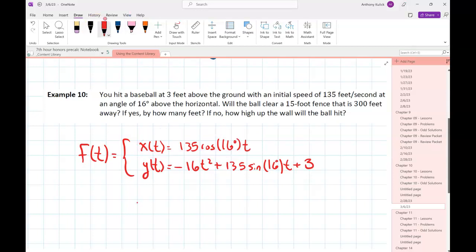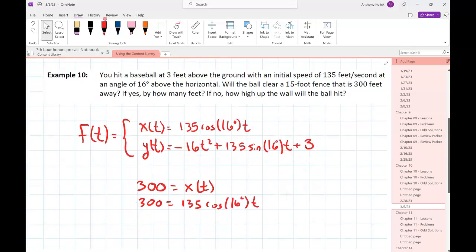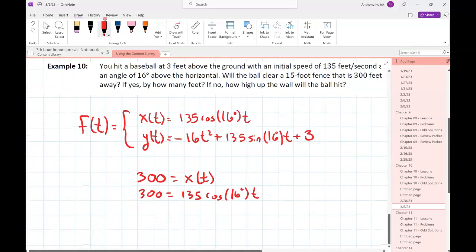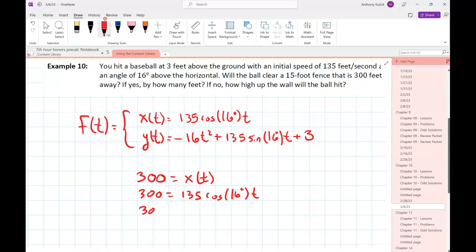This is very classic parametric function stuff, where you're looking for one component or the other by setting the other component equal to something, solving for t, then using that value of t in the other component. So to solve, 300 equals 135 cosine 16t.